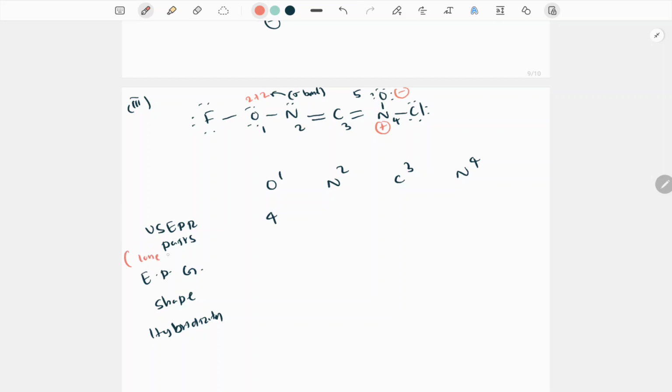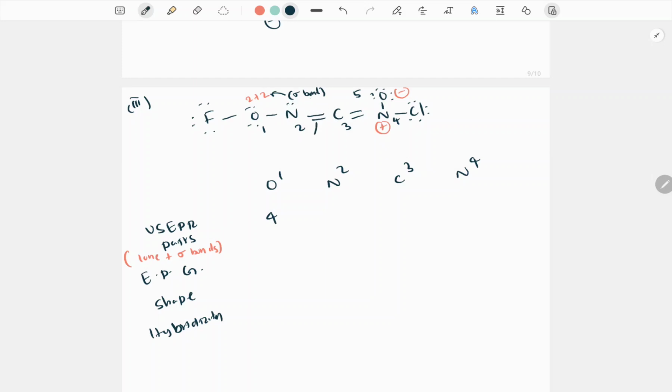Lone pairs plus sigma bonds. These are what is included. How many lone pairs here? 2 lone pairs, 2 sigma bonds, 2 plus 2, 4. On this N2, 1 lone pair, 2 sigma bonds.